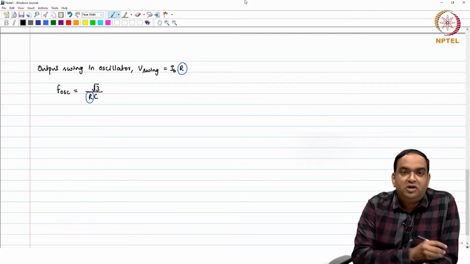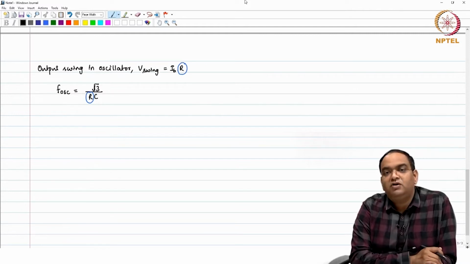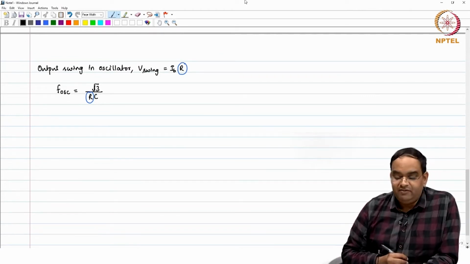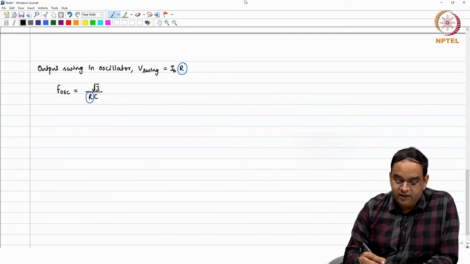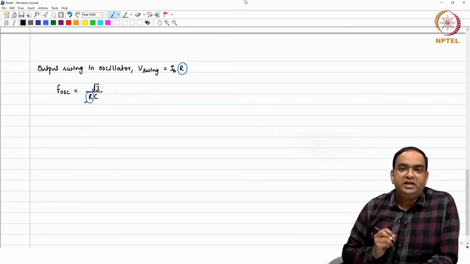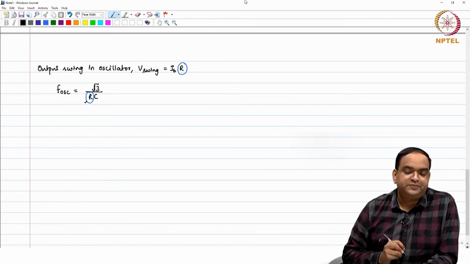But when you would like to vary the frequency of the oscillator using resistor, your output swing will also vary, which is not a good thing.